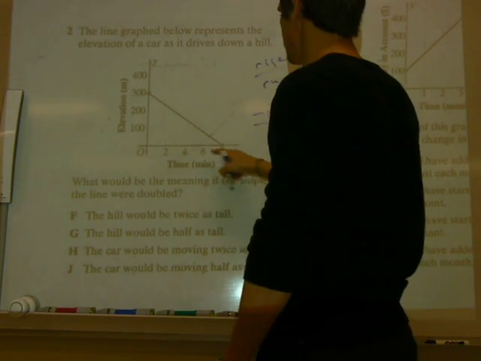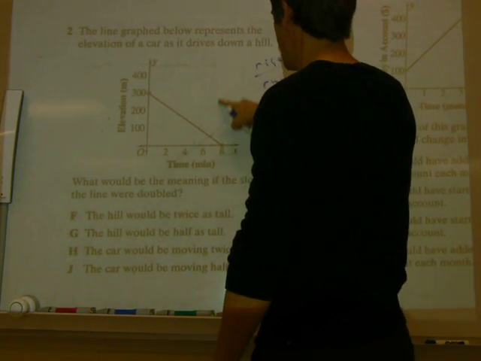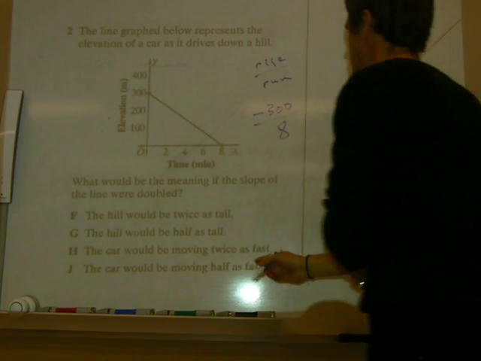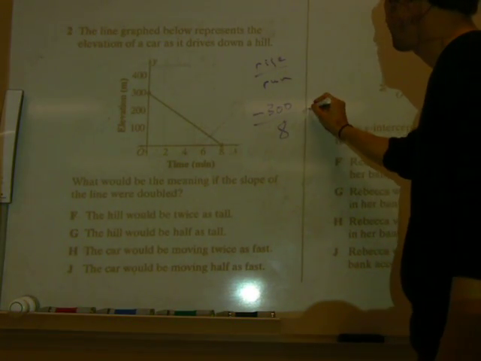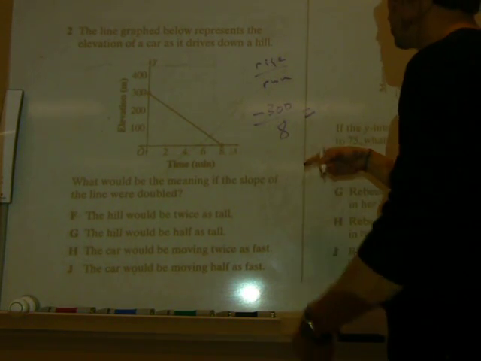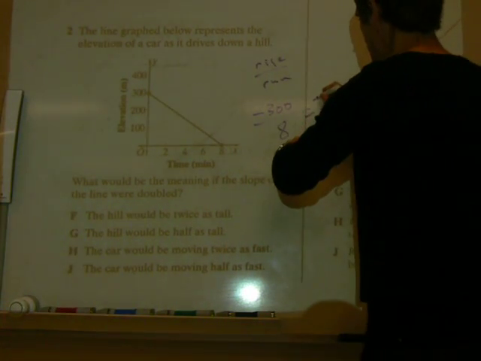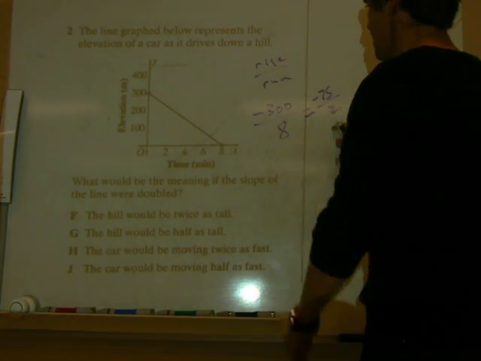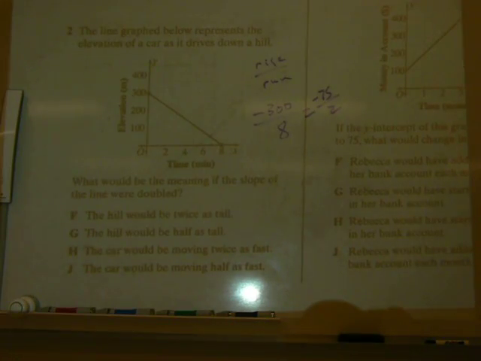You can put that negative 300, run 8. Or rise 300 to the left 8. So you'd put the negative 8. Either way, negative 300 over 8, if you do it in your calculator and press math, enter, you'll get the greatest reduced form of this, which is going to be negative 75 over 2 should be the slope of that graph right there.